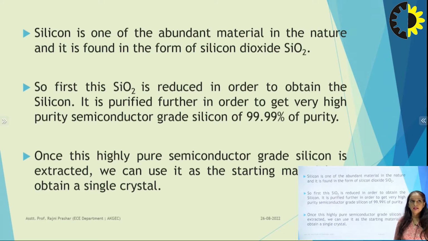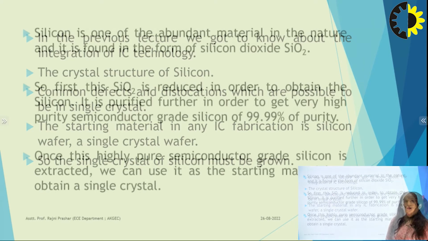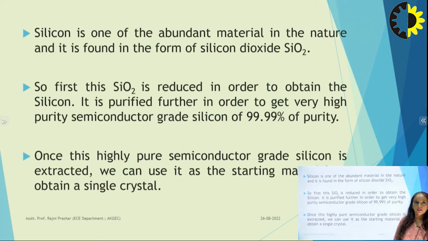Silicon is one of the most abundant materials in nature and it is found in the form of silicon dioxide. First, this silicon dioxide is reduced in order to obtain silicon. It is purified further to get very high purity, grade silicon, pure up to 99.99% purity.